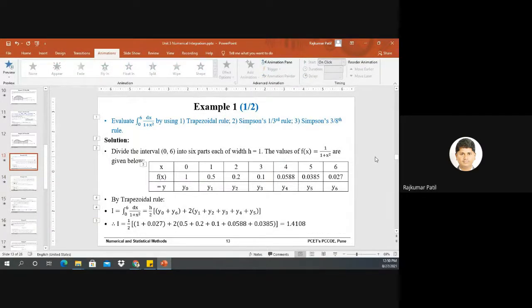Why will you get different answers? The answer is very simple: the approach to calculate the area under the curve is different for each method, and that's why you will get different answers.